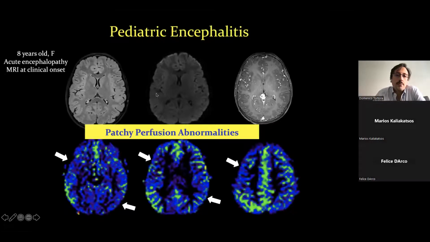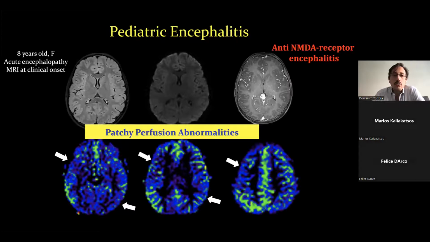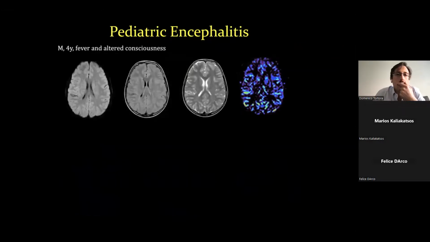But the perfusion study revealed this very peculiar pattern of perfusion abnormalities, with a patchy hyperperfusion area associated with other areas of hypoperfusion. Also in the literature, this pattern has been described in many patients with autoimmune encephalopathy. It was a case of anti-NMDA receptor encephalitis.